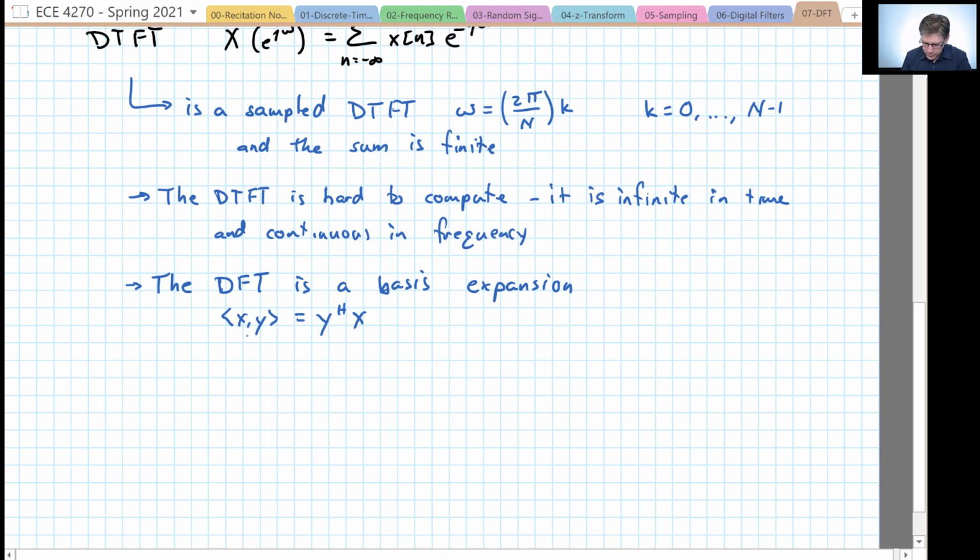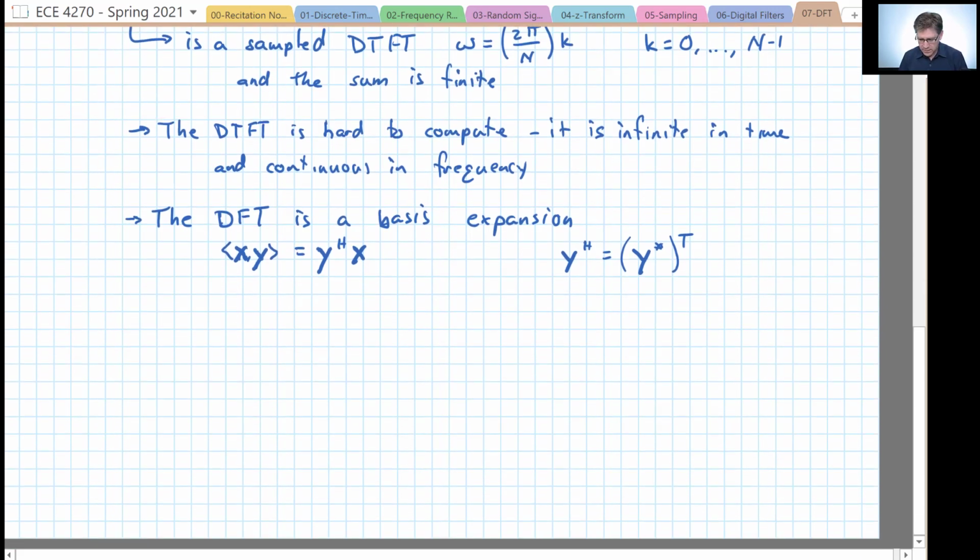So if we define an inner product of x with y, and these two are vectors, then if we define that as y Hermitian x, where y Hermitian is equal to y conjugate transpose, then we can think of the DFT as a basis function for this particular inner product.